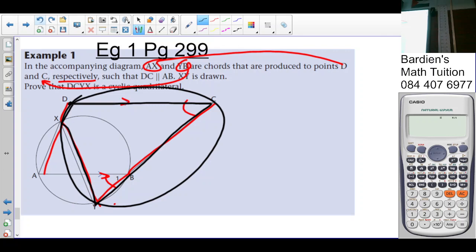Secondly, we can prove that opposite angles of the quad are supplementary, which means the two opposite angles add up to 180.